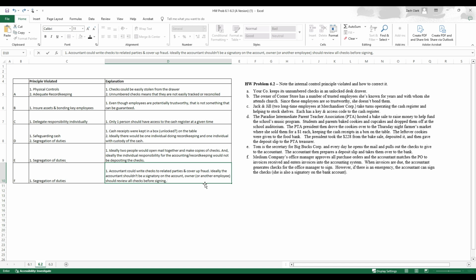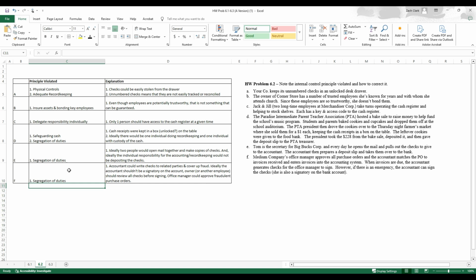Let's see what else. The office manager could approve fraudulent purchase orders as well, so that could be an issue.